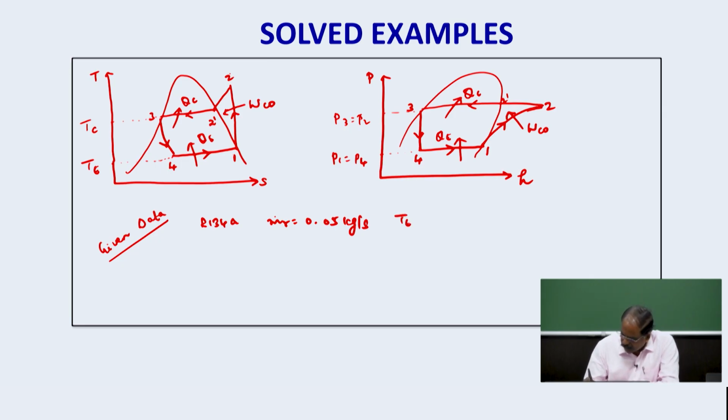So TE is equal to T1, which is equal to T4, which is equal to minus 18 degrees centigrade. Condenser temperature is 32. If you see the temperature entropy diagram, TC is equal to T3, which is equal to, instead of T2, it is T2 dash.